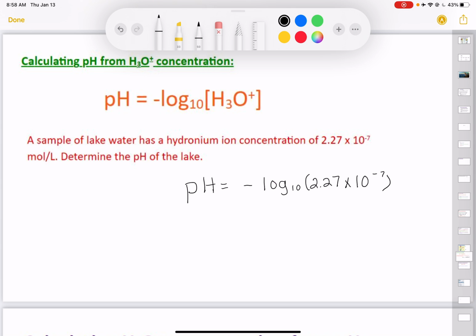Okay? So when you're putting this in your calculator, I'm not sure if I'm going to be able to do this on this. I'm just going to try. That's definitely not a good calculator. Let's see, you can put this into your calculator better than me. I can't even find the log button on this calculator.